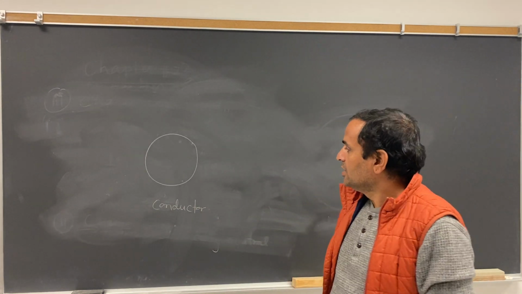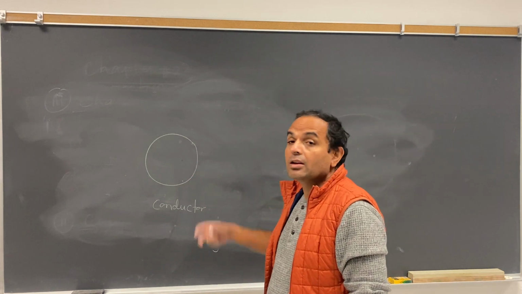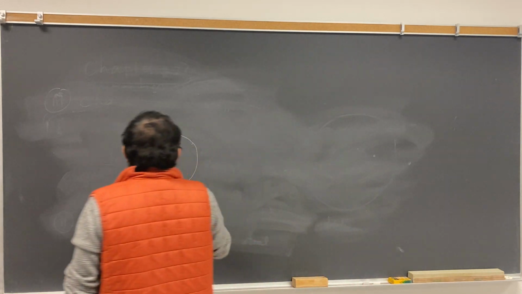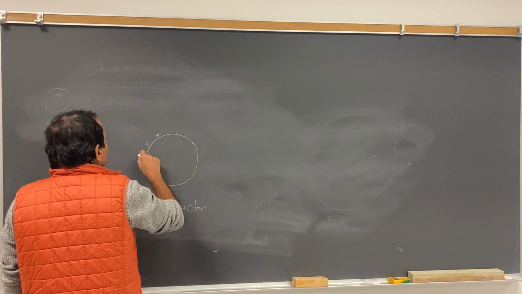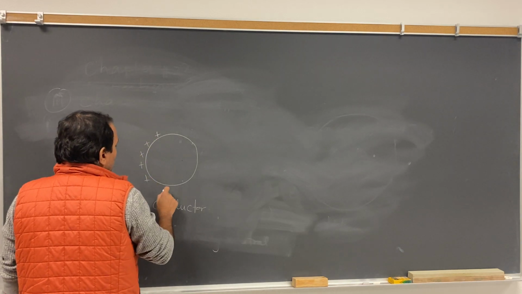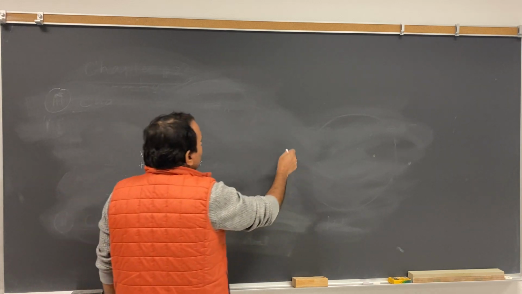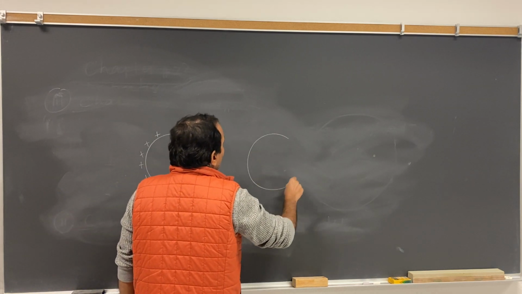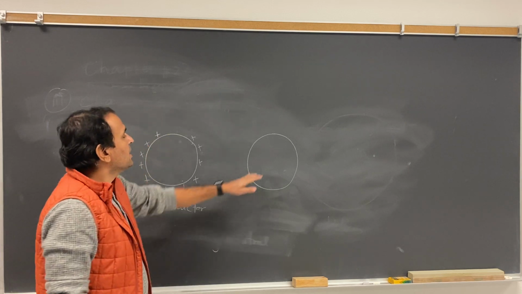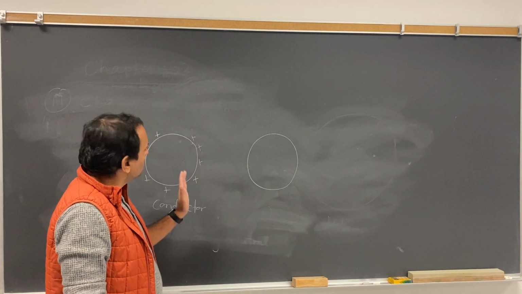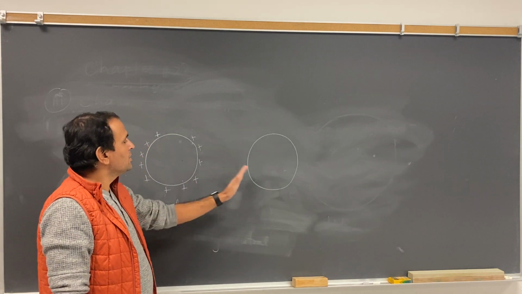So here I have a conductor, like a copper sphere, and let us suppose it is positively charged, like this. And here I have another one. This is again a conductor, but this is neutral. But see, they are far apart. They are not very close.